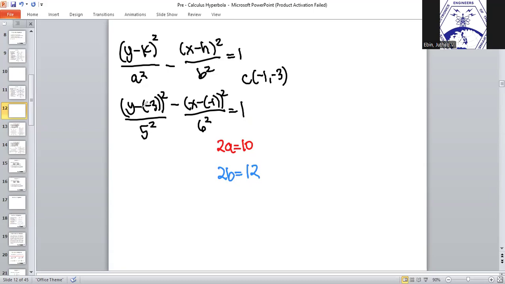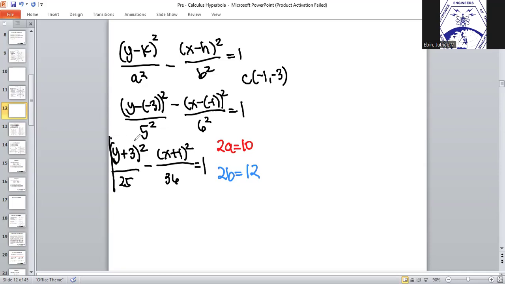So, ayusin lang natin yung mga sign, tsaka simplify yung denominator. So, magiging y plus 3 squared over 25 minus x plus 1 squared over 36 equals 1.